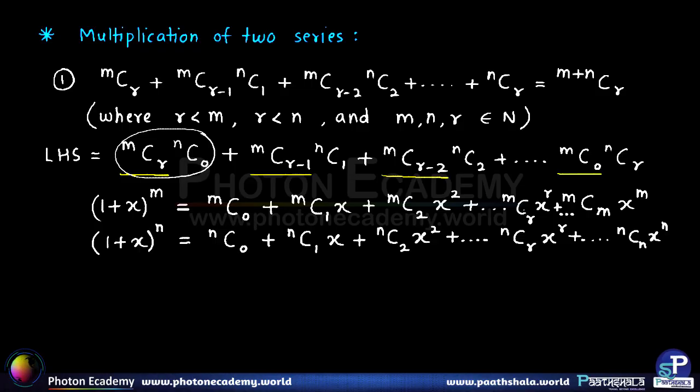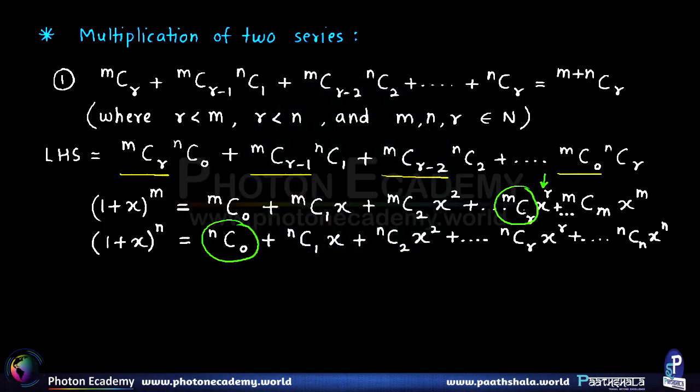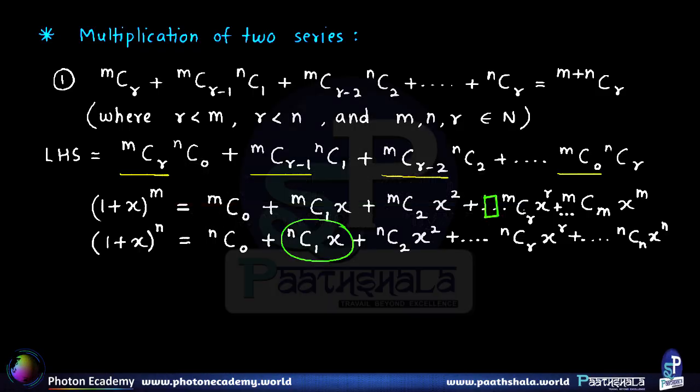Now let's try to see what each product means. Now if you check MCR into NC0, see here the product is MCR, which is here, and NC0 here. When you take the product of these two terms, we will still have x raised to r in that product. Now next, let us consider the next product, that is MCR minus 1 into NC1. So NC1 term is here and MCR minus 1 will be the term which will come just before the term which we saw.